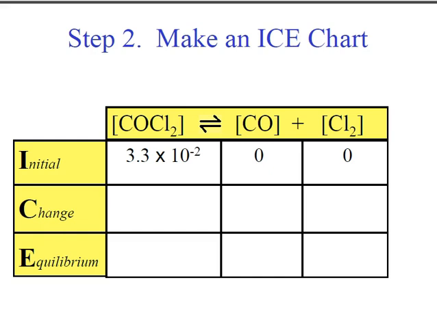On my change line, these all have coefficients of 1. So I've got minus x for my reactant and plus x for my products. Then I'm going to just bring that math down, and there's my equilibrium line. So if I can figure out x, then I can figure out the equilibrium concentration of all these species.